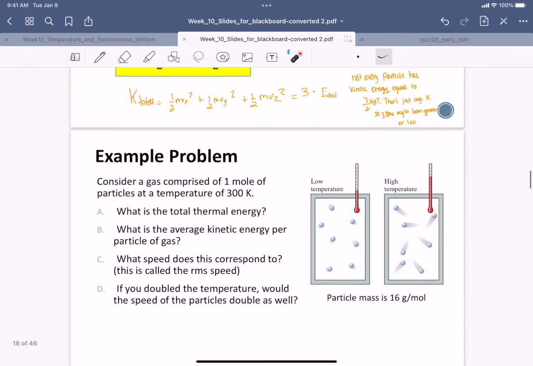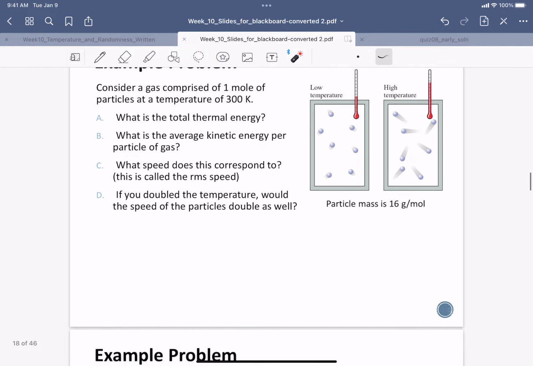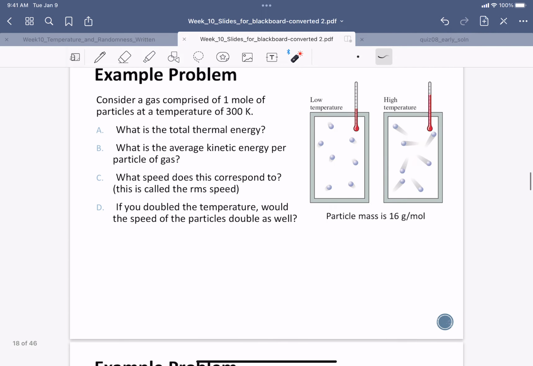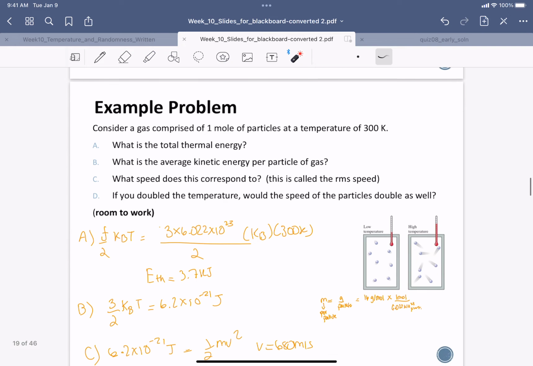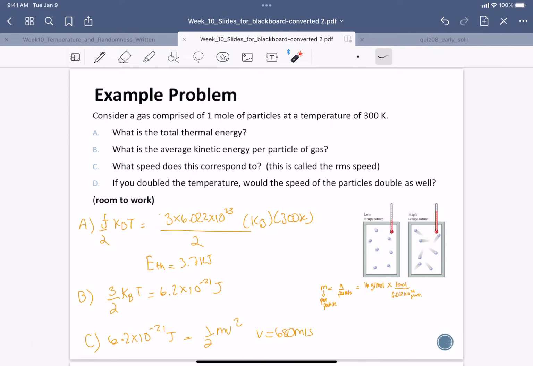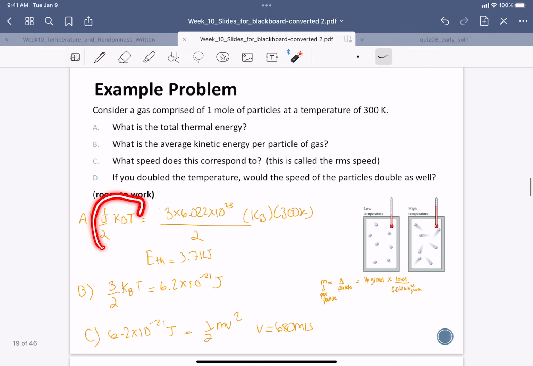But yeah, this is a really good example problem just to differentiate between all the different terms. So total thermal energy, remember, we were saying that if each particle has 3 degrees of freedom, then we have to multiply by the number of molecules to get the total thermal energy. The equation for it is f over 2 times kBT, right?